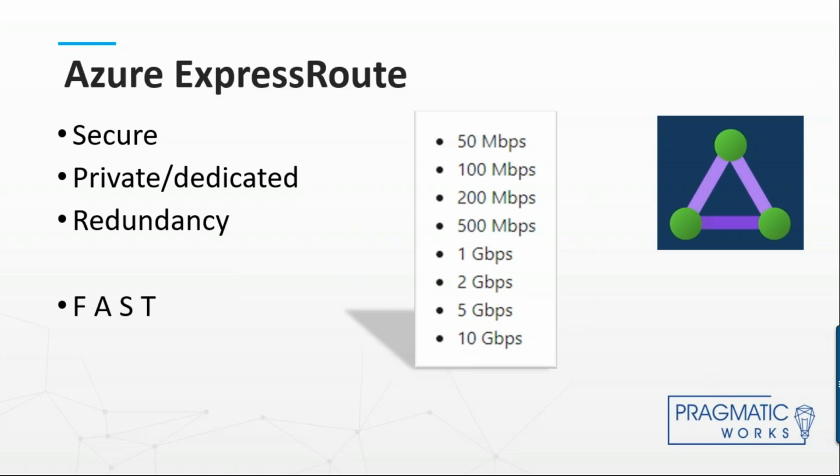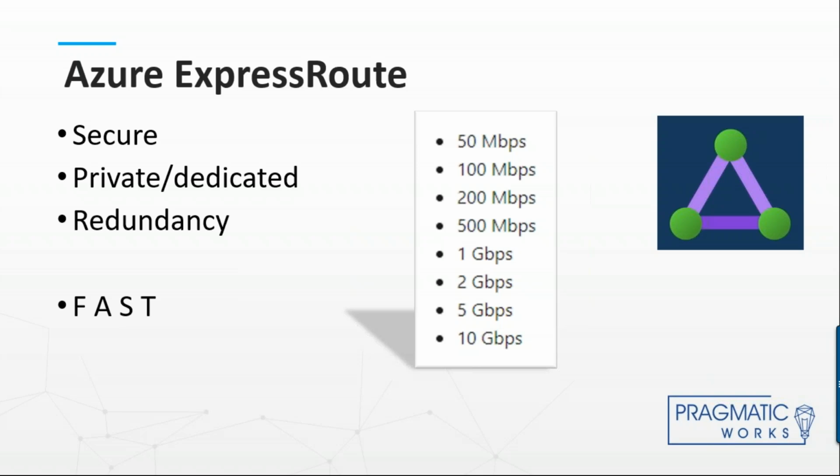Another nice thing about ExpressRoute is that the connections are redundant, in that if the connection breaks for any reason, there's actually a failover connection to help continue my processing. So it's really designed to be very durable and stable, and not have any interruptions in that data transfer.